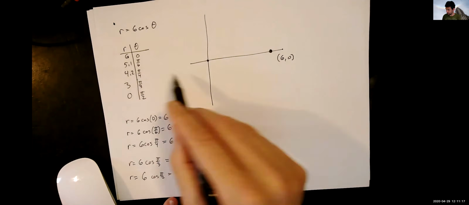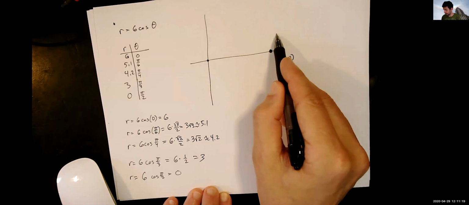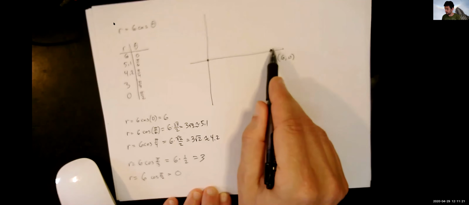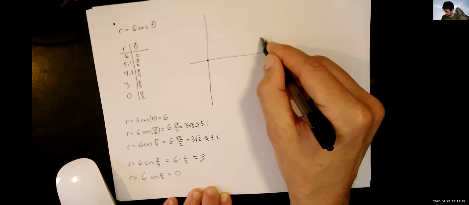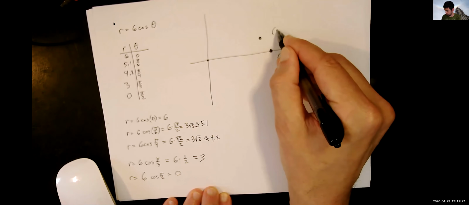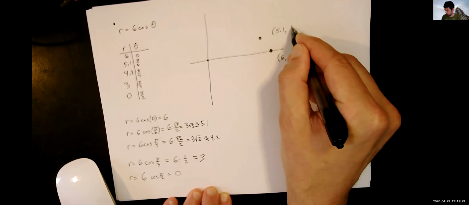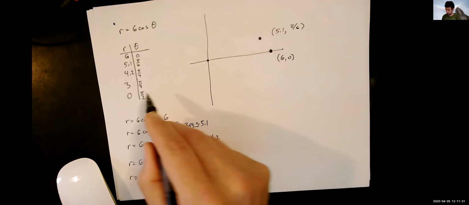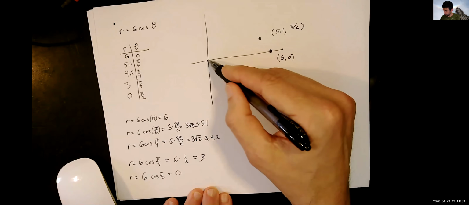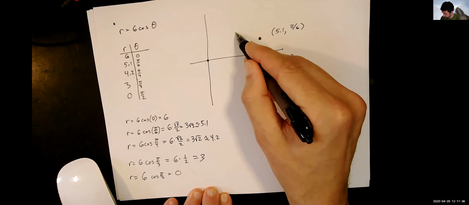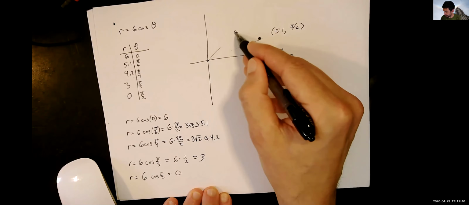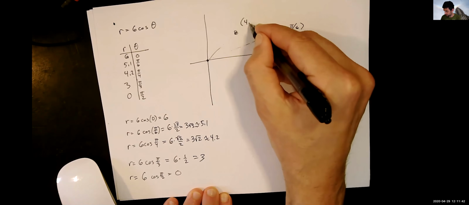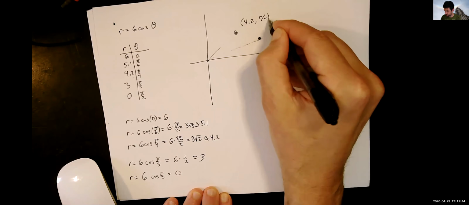Our next point is pi over 6, so my angle's going up slightly, and I'm going slightly less distance away. So I'm just approximating these things. This would be something like this, 5.1, pi over 6. Pi over 4, and I'm going out even less, so somewhere about there. So my direction, here's pi over 6, pi over 4, 4.2, pi over 4.